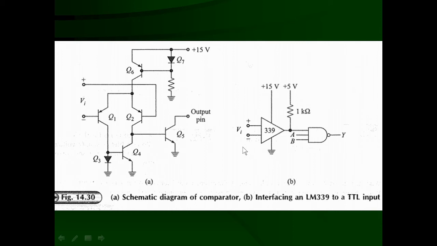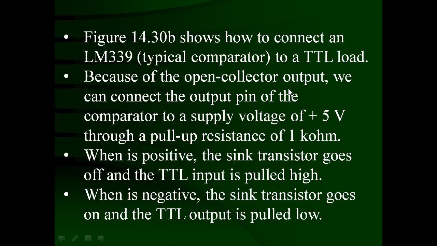So this way the comparator also can drive the TTL input, but you have to make sure that there should be a pull-up resistance, and the other end of the pull-up resistance should be connected with plus 5 volt. Figure 14.30b shows how to connect an LM339 typical comparator to a TTL load.